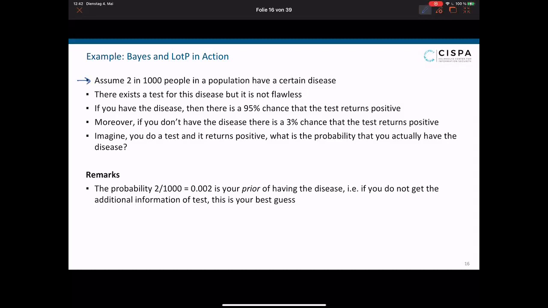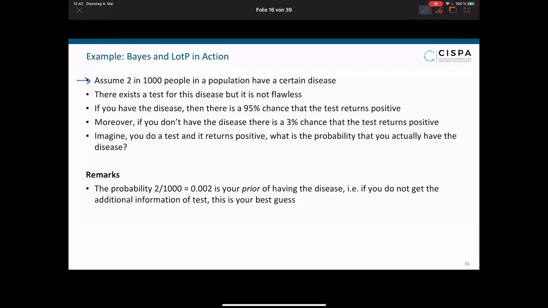In other words, if you wouldn't do the test, if you don't have any symptoms, if this disease doesn't come with any symptoms per se, then this is your best guess for how likely it is that any given person in this population has this disease, right?